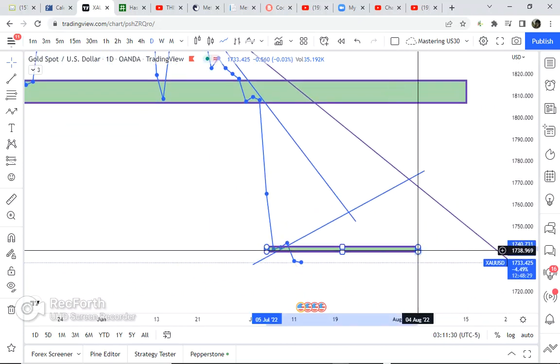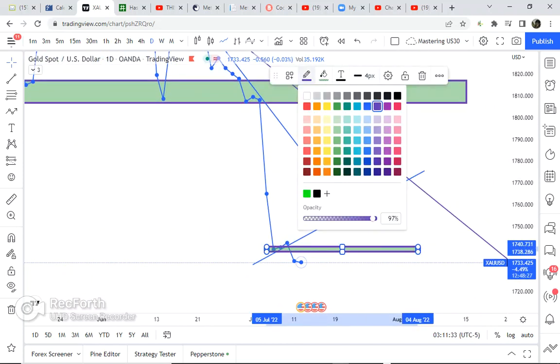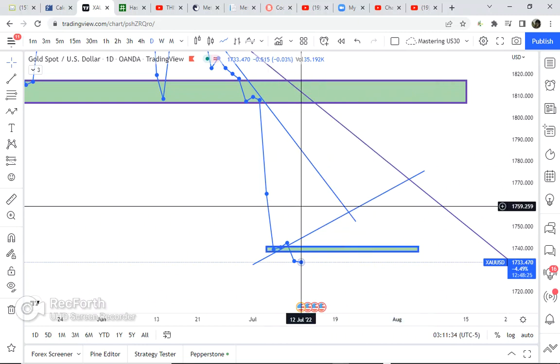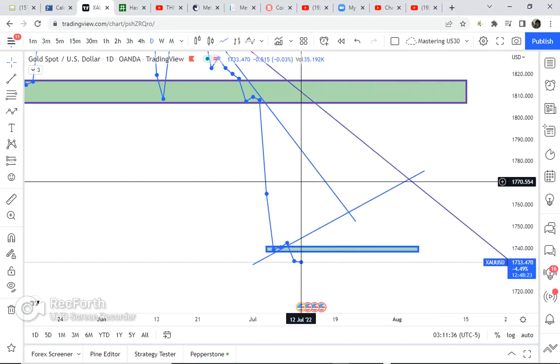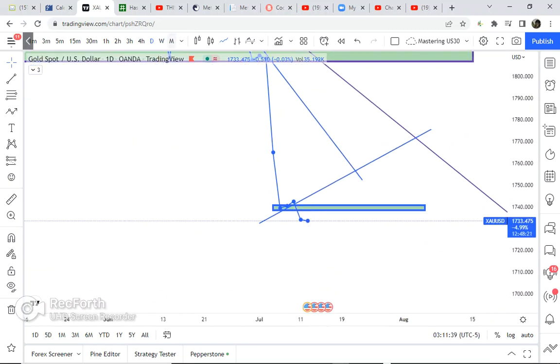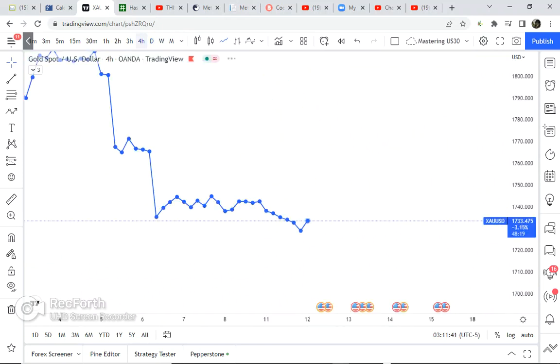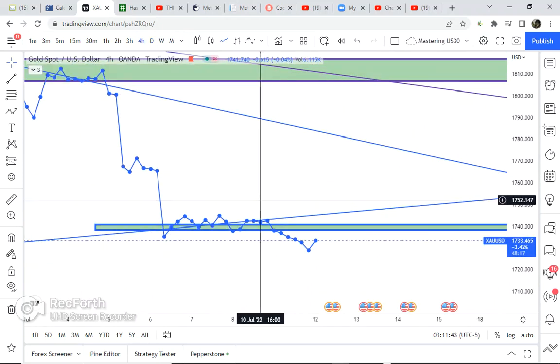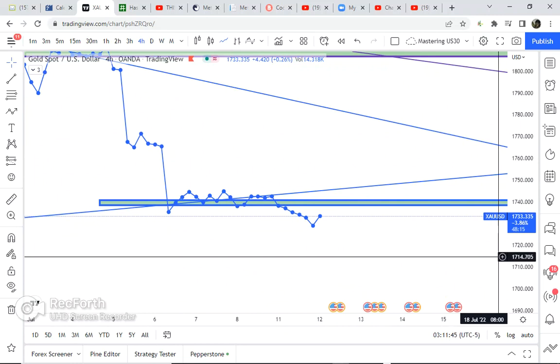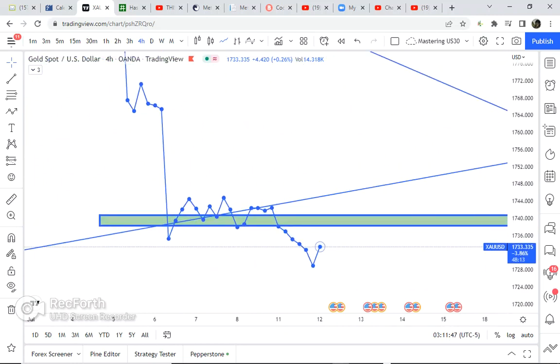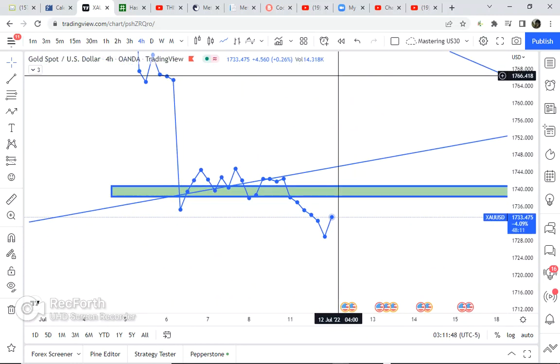For this second box, I'll have a blue outline to let me know that this support area is coming from the daily time frame. So that helps me keep track of my different time frames rather than have to be going back and forth all the time to see what the high is on my high time frames basically.